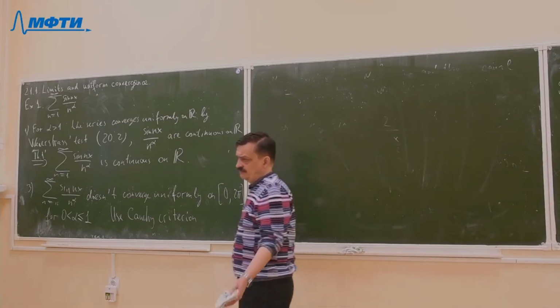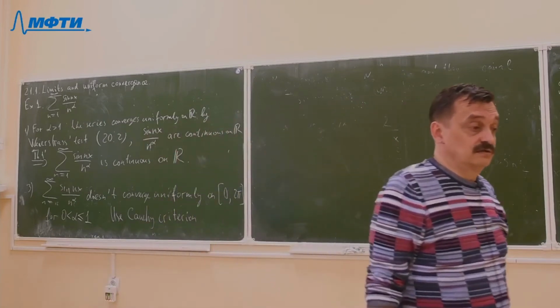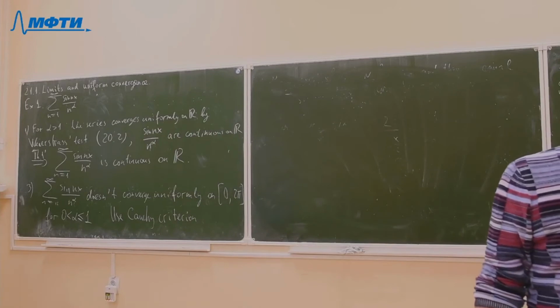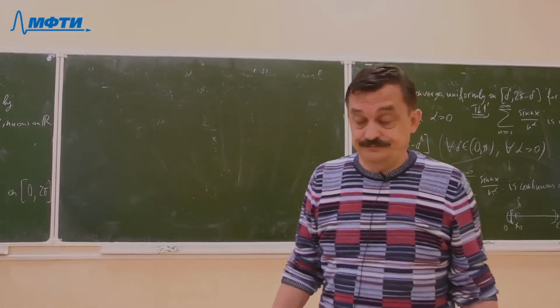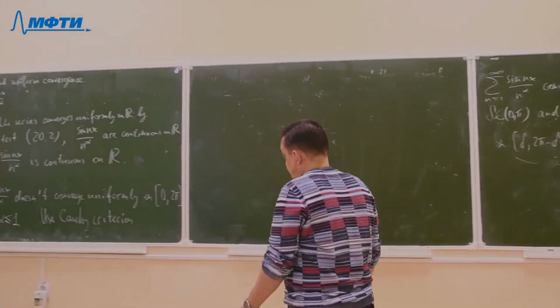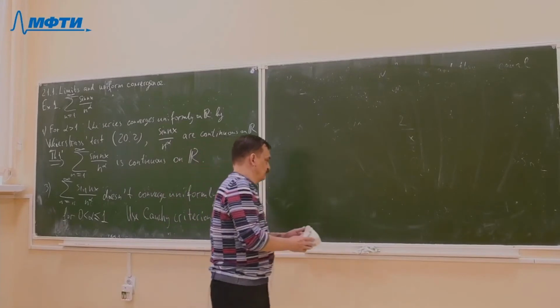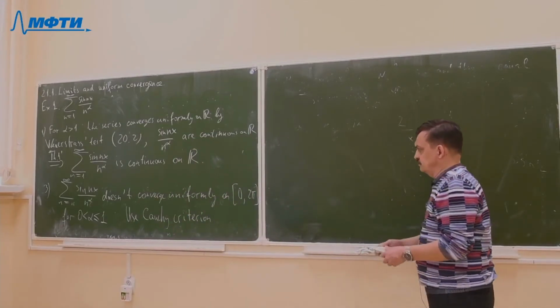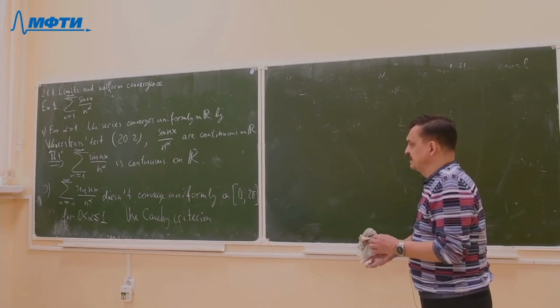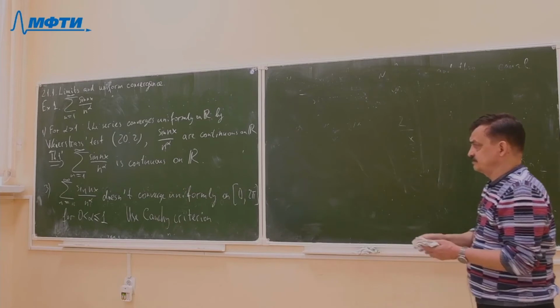Namely, we have the Cauchy criterion, the negation of the Cauchy criterion, and also the negation of the term test for uniform convergence. And here, of course, the term test doesn't give absence of uniform convergence.